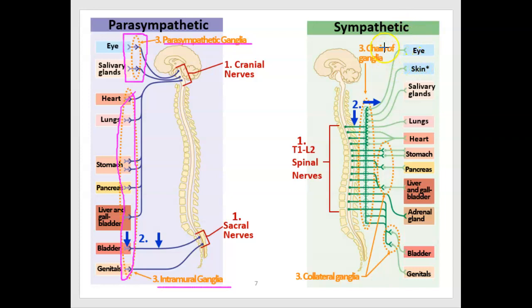In the sympathetic nervous system, the ganglia are close to the spinal cord, or the central nervous system, I should say. There are some cases where there are sympathetic ganglia that are not part of that chain. They're a little bit off. They're called collateral ganglia. They still are never in the wall of the organ, though. So that's a review of what we've talked about so far.